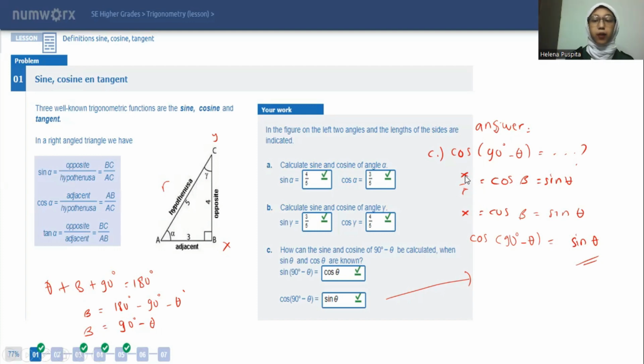So, the formula is x over r equals cos beta equals sine theta. R is 1, then x equals cos beta equals sine theta. So the solution of the equation is sine theta.